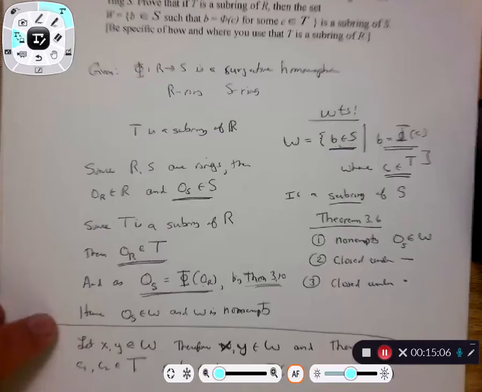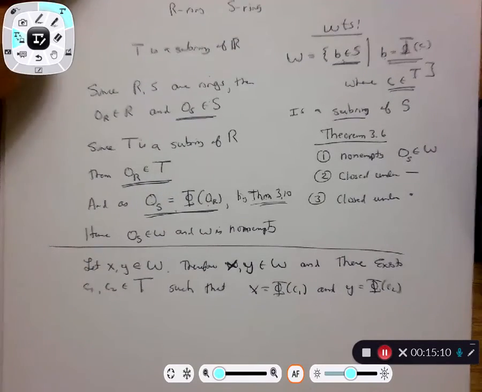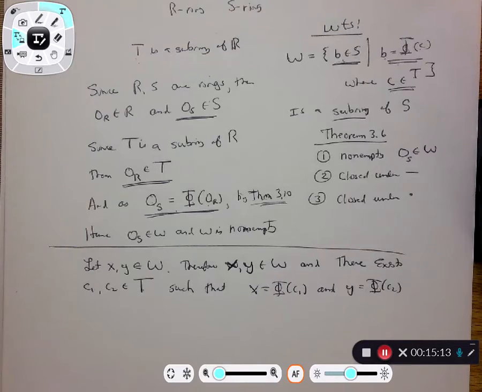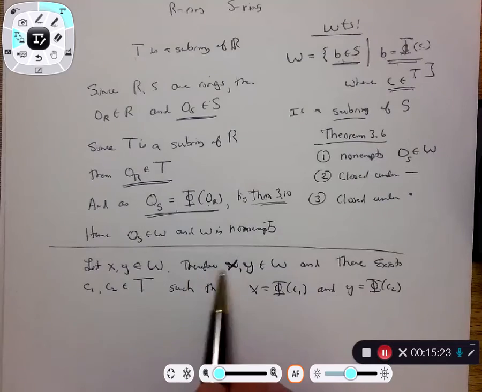So this is actually setting you up for closed under subtraction and closed under multiplication. So you let x and y be elements of W. You tell me what that means. To be inside of W, you had to come from S. Therefore, x and y are elements of S.